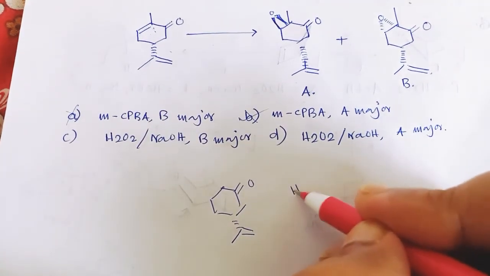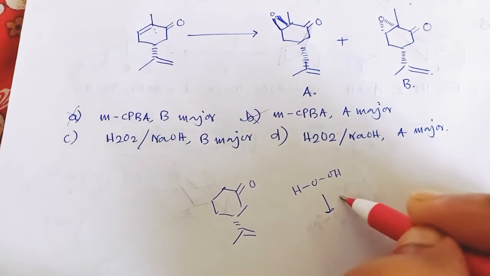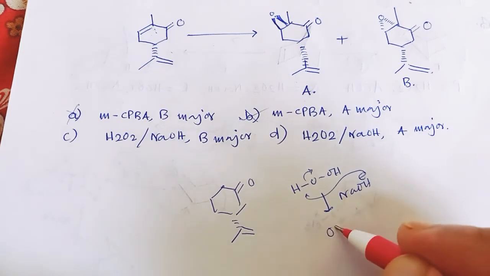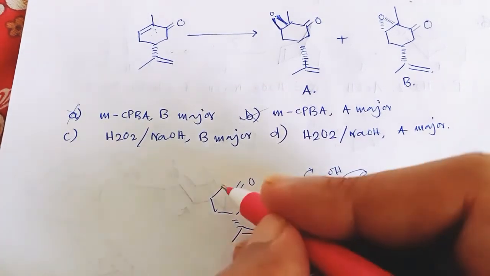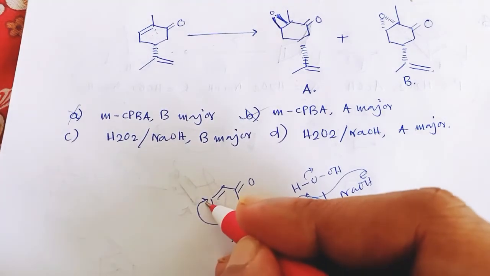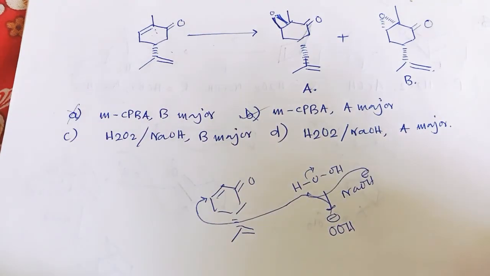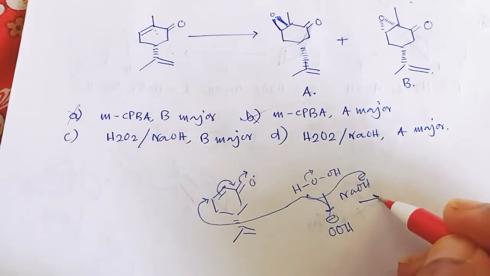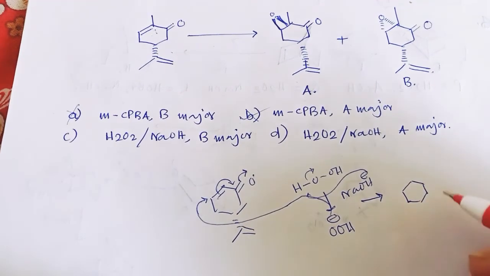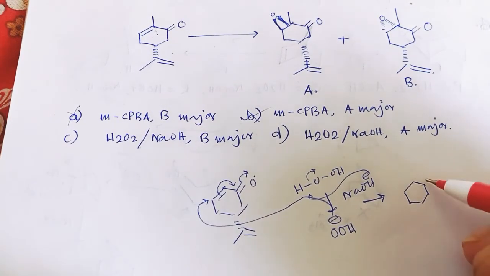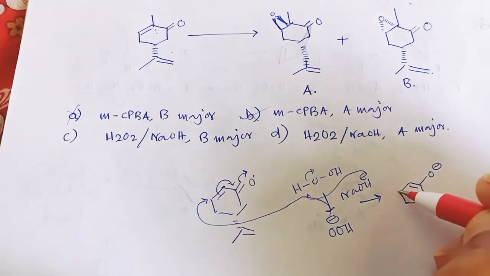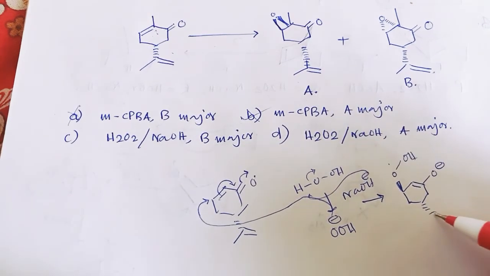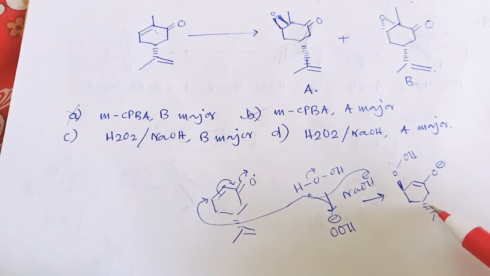In presence of H2O2 and NaOH, it will take a proton from H2O2 and make OOH minus, and this will come here, and this will go down. This is above because this group is below.